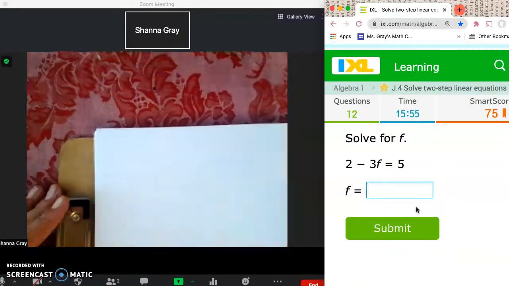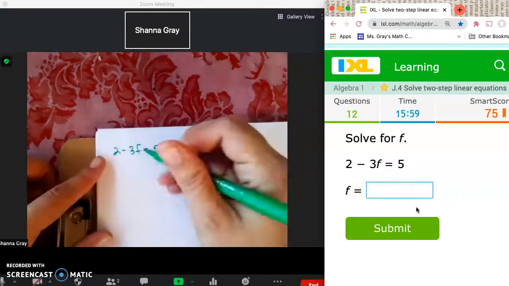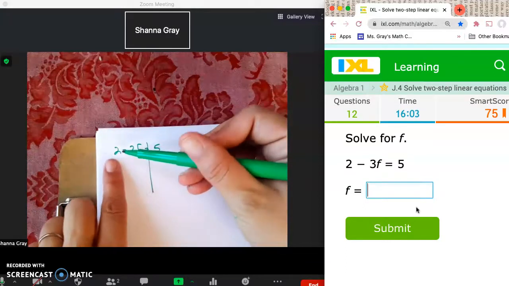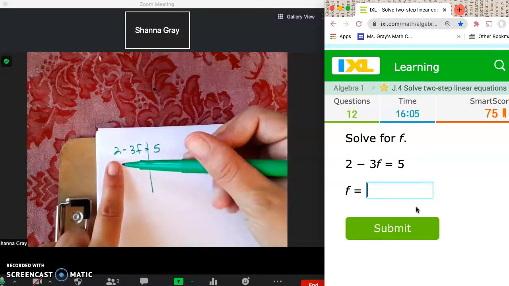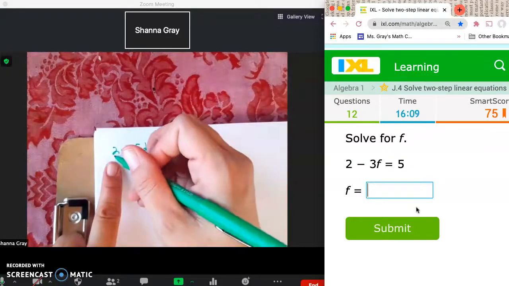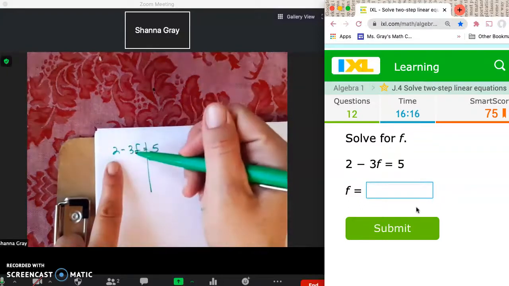Okay. 2 minus 3f equals 5. So f is here. Farthest away is the 2. This is the type of problem students will make mistakes on. So this negative sign is not part of the 2. Since this is minus, I don't want to do the opposite of this and add 2, because this is attached to the 3.